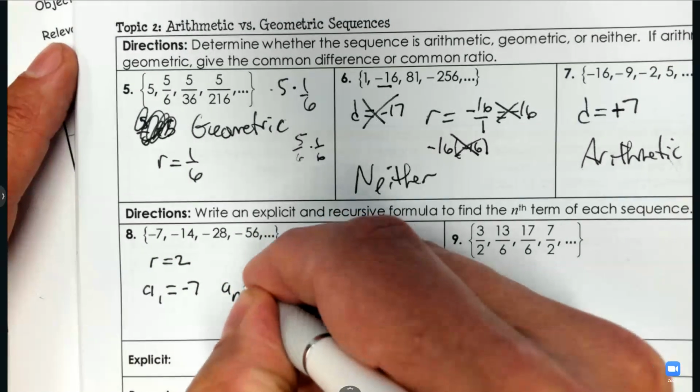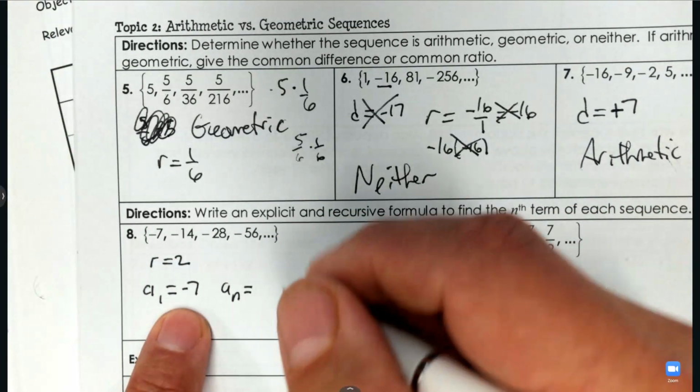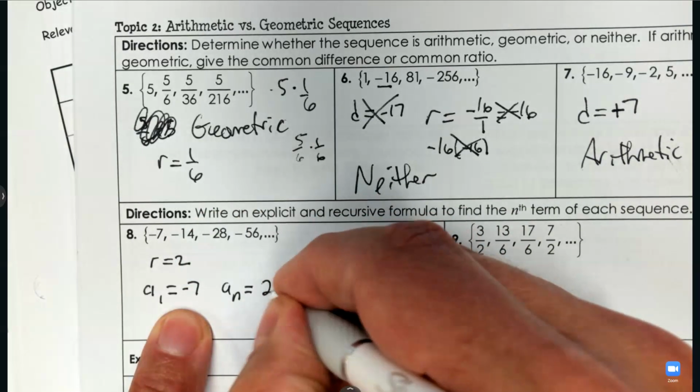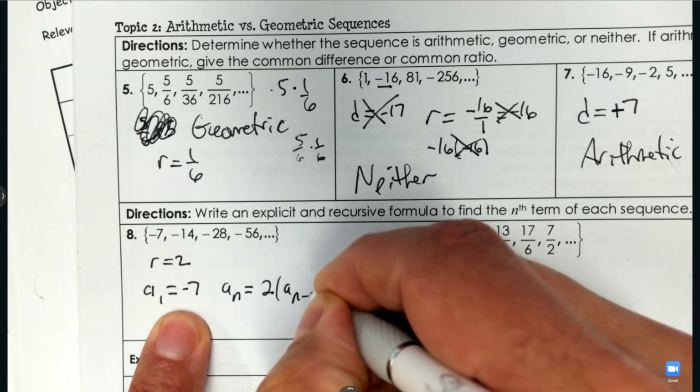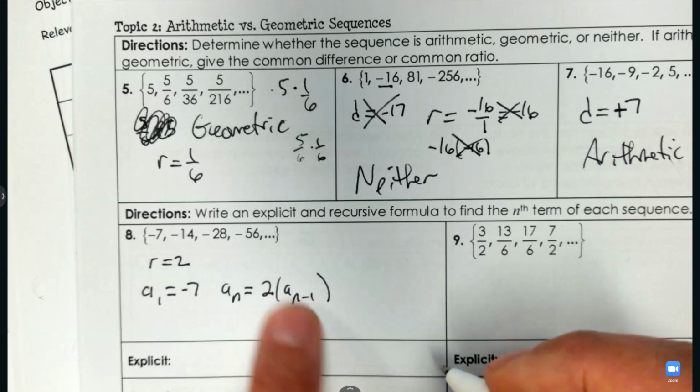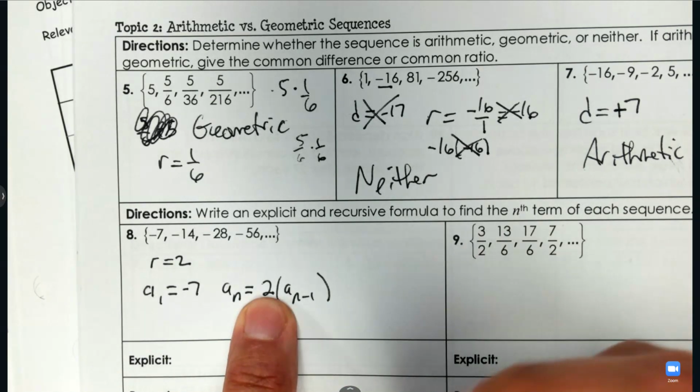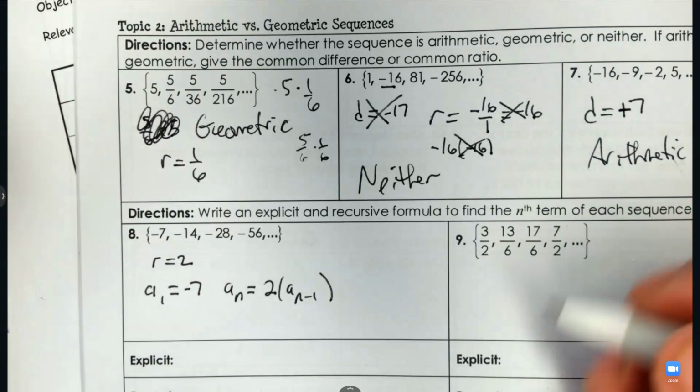And then I have a rule where I'm going to multiply. So then R is this. I take the term before, so the term before is a, n minus 1, and I multiply it times 2 to get the next, the next, the next. If I need an explicit one, sorry, that goes down here.